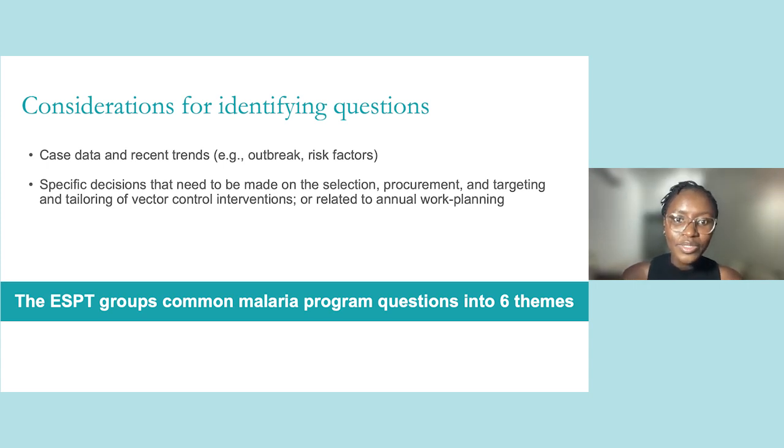Second, programs should consider any upcoming decisions that need to be made where additional data or information would be useful. Such decisions may include the selection, procurement, and targeting and tailoring of vector control interventions, or decisions related to annual work planning, for example.